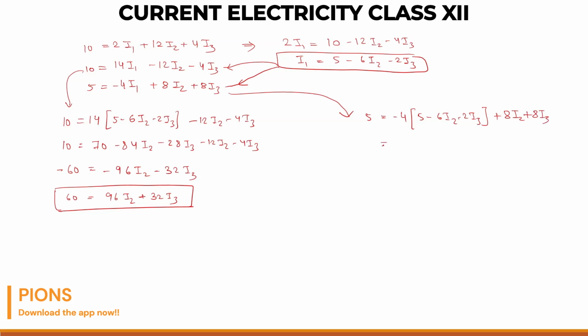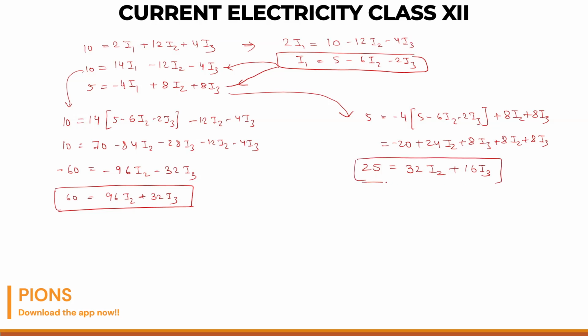Now 5 fours are 20, 24, be careful with the signs, minus 20 plus 8i3 plus 8i2 plus 8i3. Let's take this 20 on the left hand side, it will become 25, because when it goes on the left hand side, it will become positive. So 20 plus 5, 25. 8i2 and 24i2, this will become 32i2, and 8 and 8, 16i3. I hope this is clear. This is our new equation.